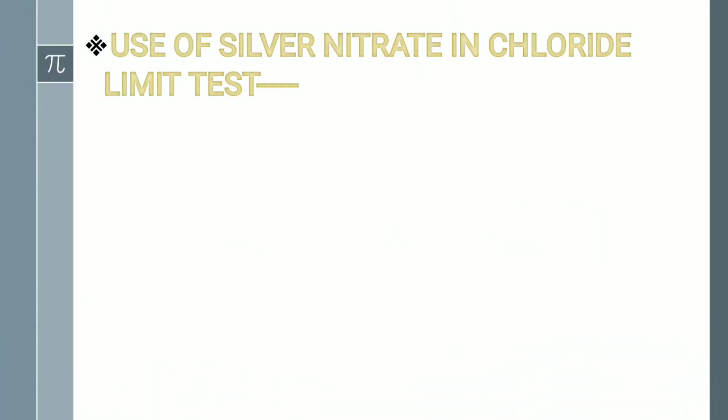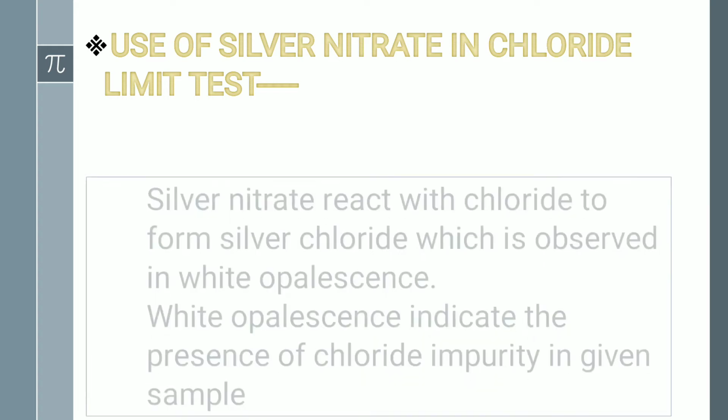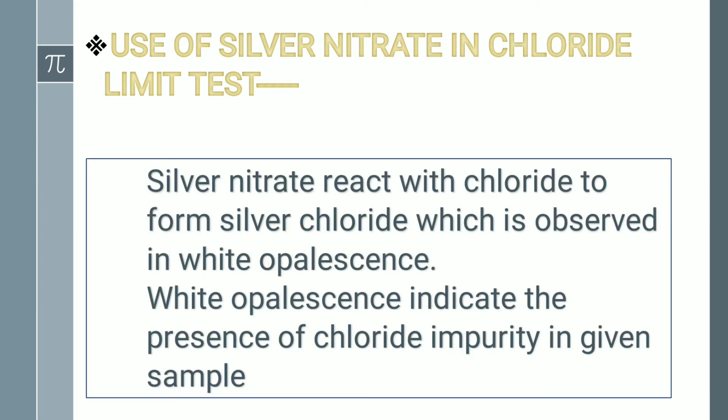Our first reagent is silver nitrate, which is used in the chloride limit test. The question asked is the use of silver nitrate in a chloride limit test. The answer: silver nitrate reacts with chloride to form silver chloride, and this reaction occurs in the presence of nitric acid, observed as a white opalescence. Opalescence is a cloudy nature.